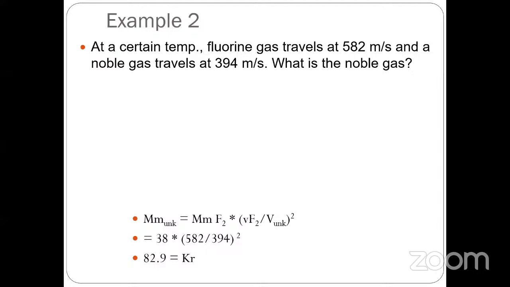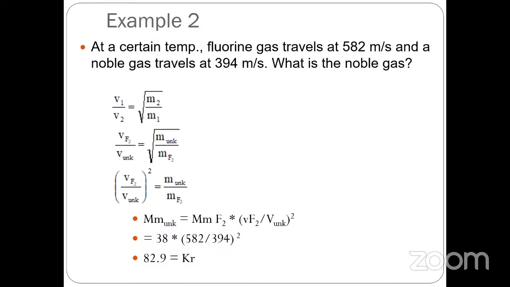We have the question: at a certain temperature, fluorine gas travels at 582 meters per second, and a noble gas travels at 394 meters per second. What is the noble gas?